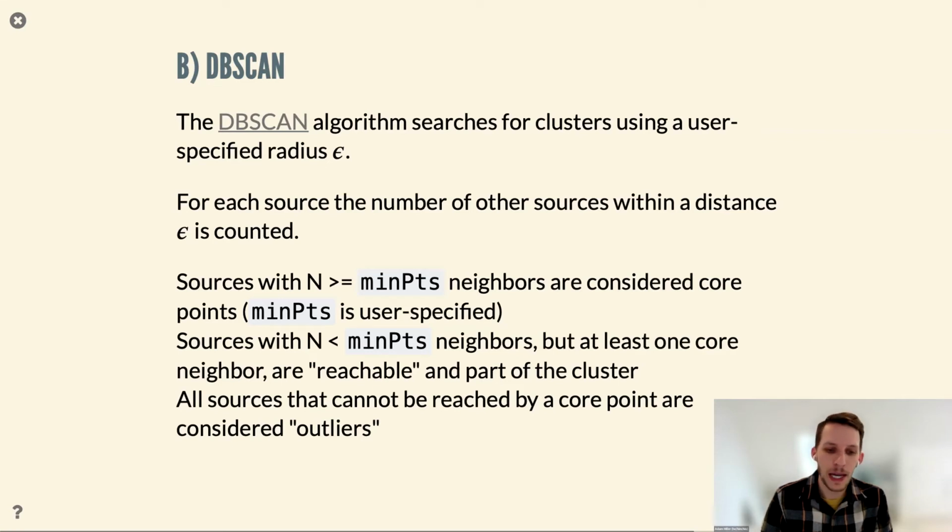And then finally, DBSCAN introduces a new notion, which is that all sources that are not reachable by another core point within the user-specified distance epsilon are considered outliers. So essentially, DBSCAN searches for clusters within the data, and individual sources that are largely separated from other sources in the data set are flagged as outliers.